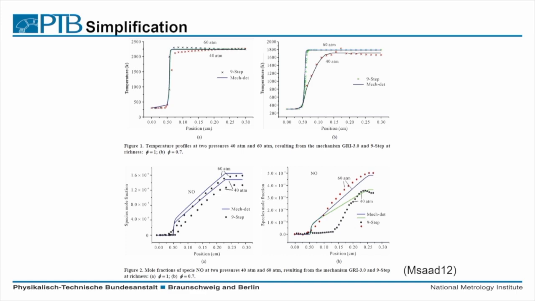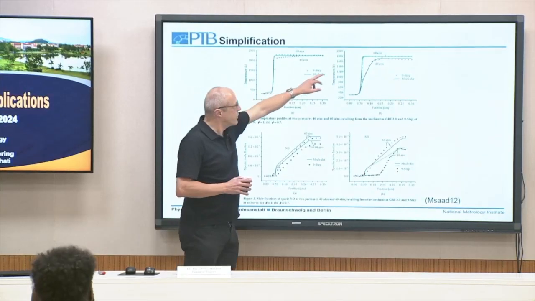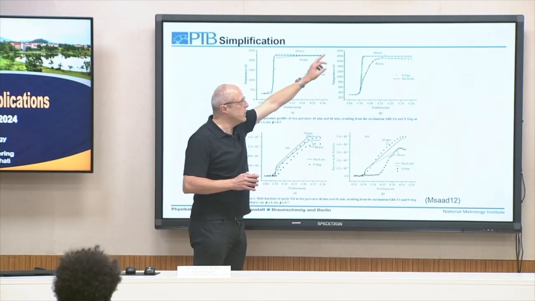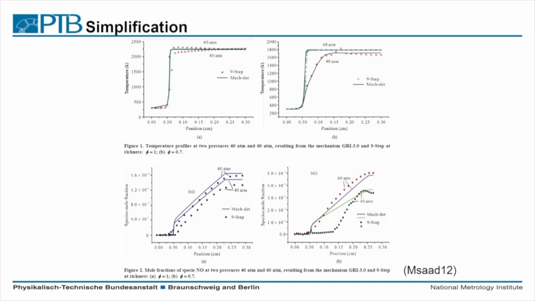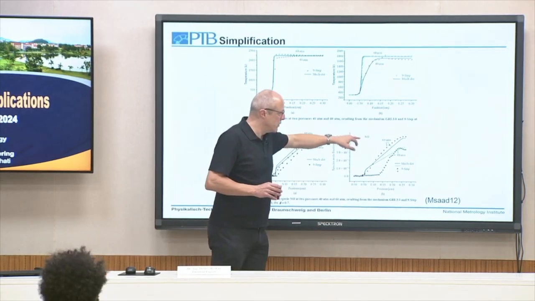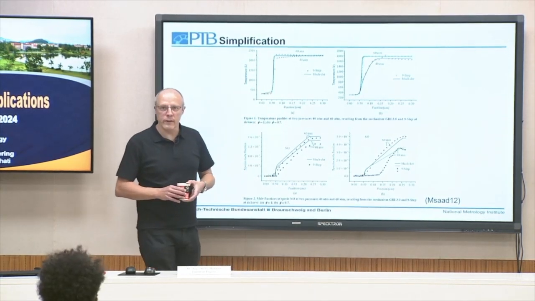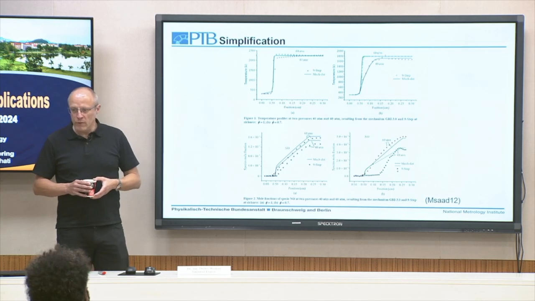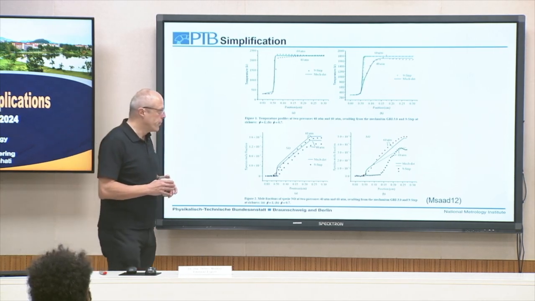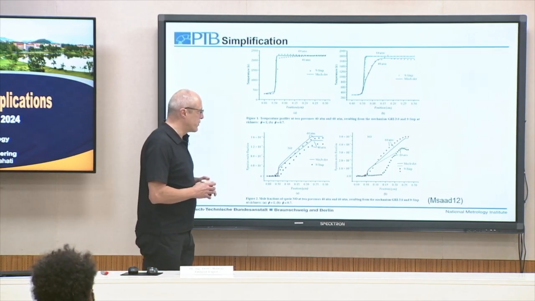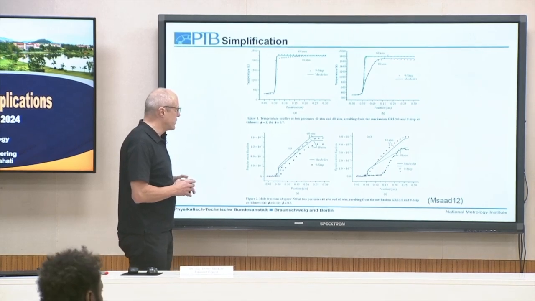But you see for the examined pressures here, 40 atmosphere, 60 atmosphere, temperature and species mole fraction of NOx or NO, nitric oxide, where the focus was on this work. So it can be represented quite well.